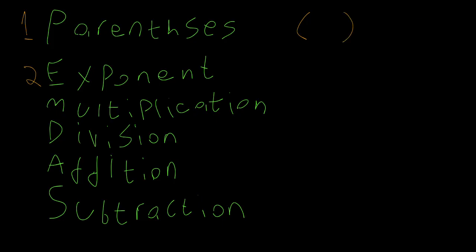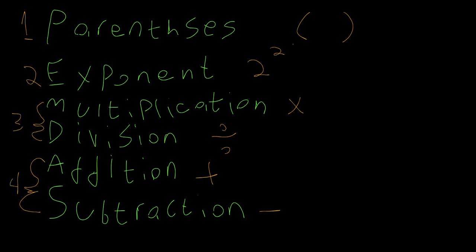So it's a little bit of an advanced example, but this is your parentheses. You have your exponents, all right, then you have multiplication and division, and you have your addition and your subtraction. Now, an important note about this is that these two go together.